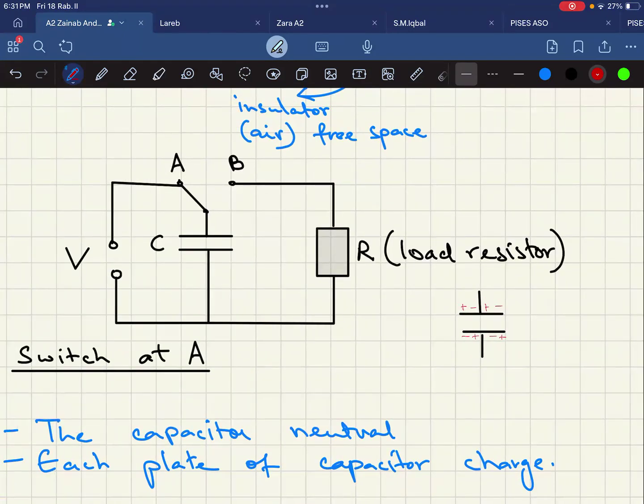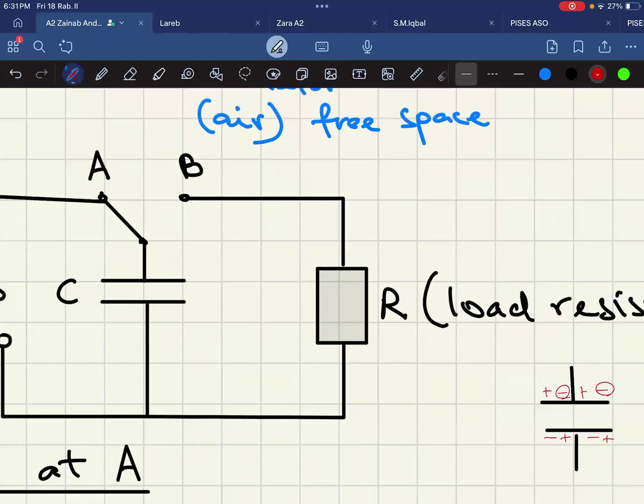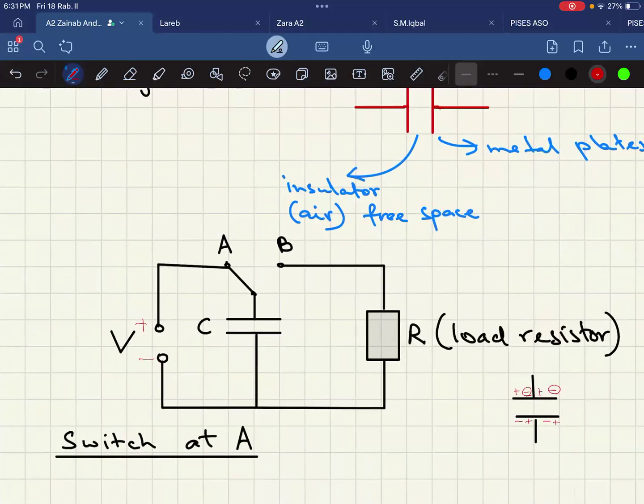When I connected it to the source of potential, let's say this is the positive and this is the negative terminal of this source. The electrons will start traveling. These two electrons that you see, this one and this one, will travel from the upper plate of the capacitor to this terminal.